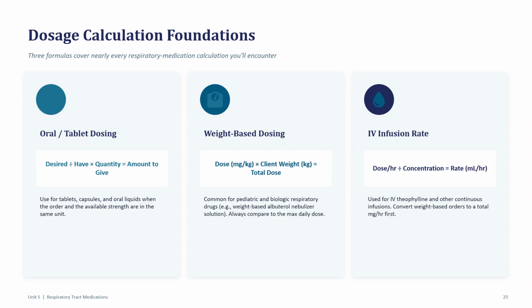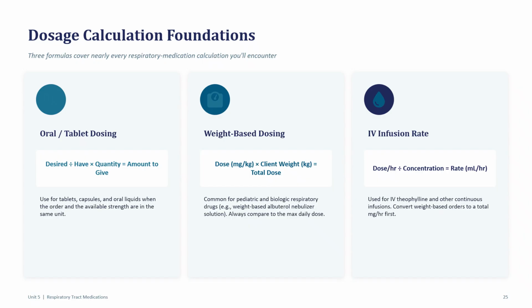So a correct calculation that exceeds a safety ceiling is still a problem. Even if you did the calculation correctly and came out with the correct answer, if it exceeds that safety maximum, it is still an issue. And then IV infusion rates come up here with theophylline infusions.